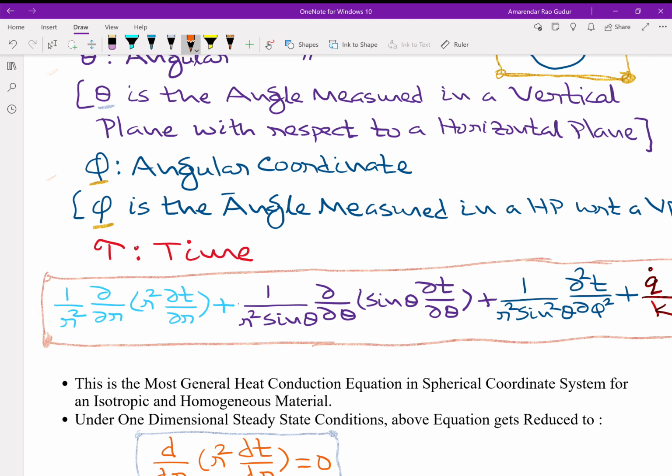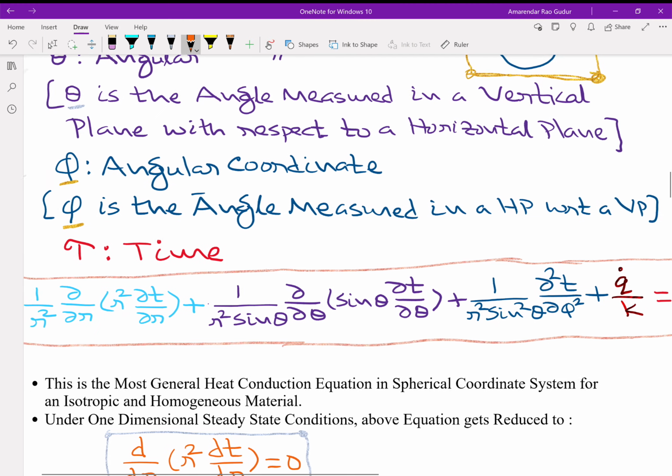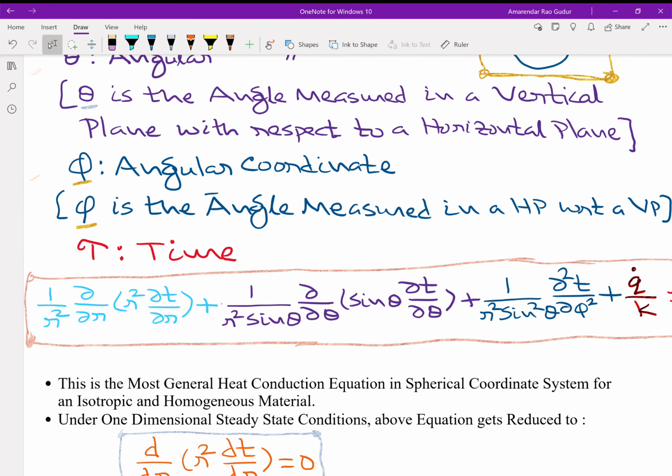And by following a standard procedure, we are going to show that 1 by r square del by del r of r square del T by del r is the radial conduction, plus 1 by r square sin theta del by del theta of sin theta del T by del theta.